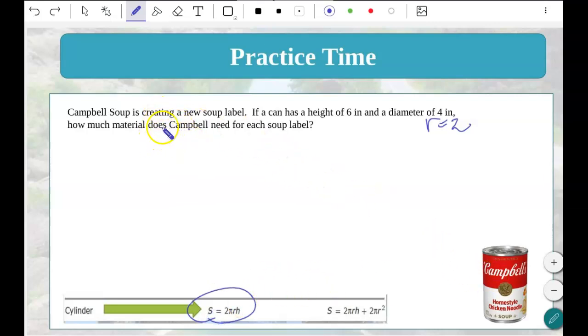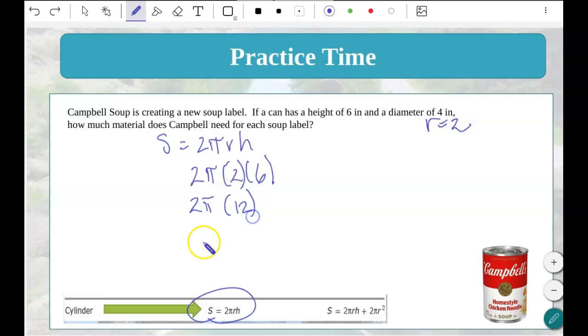It does not include the bases. So we're going to do 2 pi r h. So 2 pi, and then the radius is 2, the height is 6. And so that simplifies to 2 times 6 is 12, and then 24 pi.